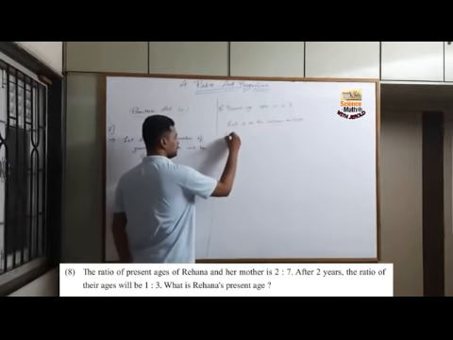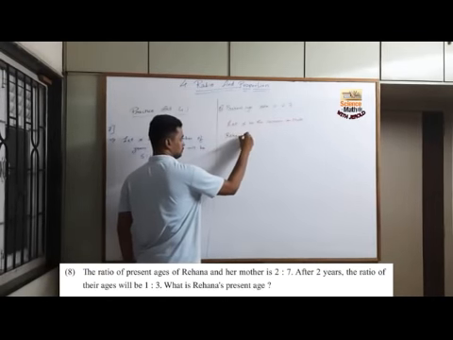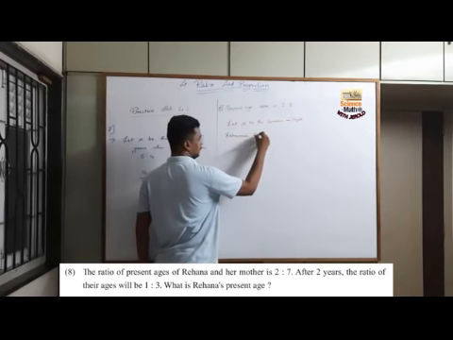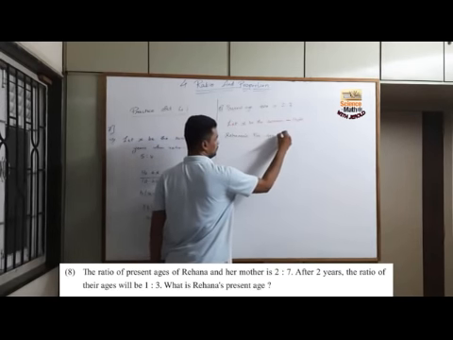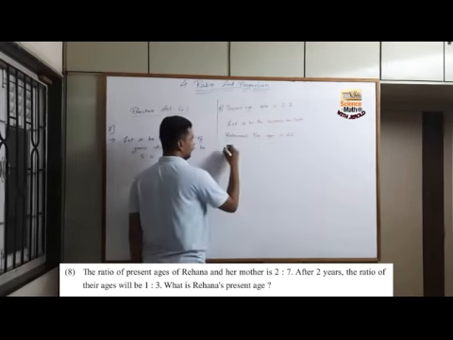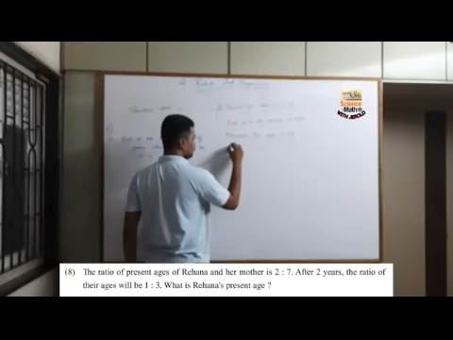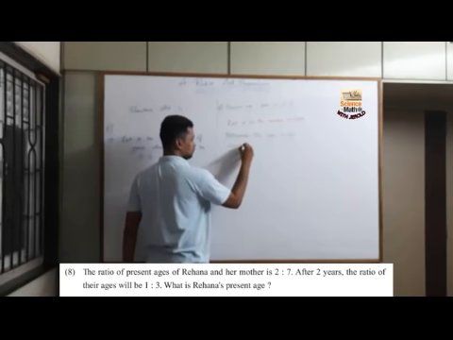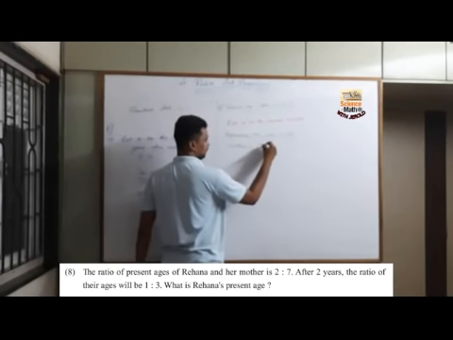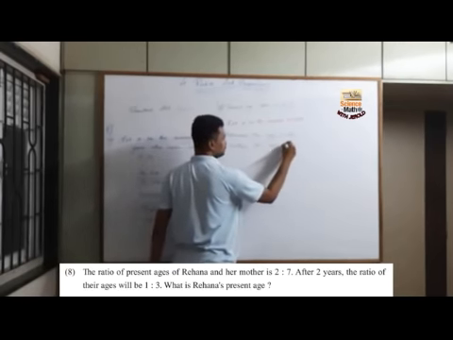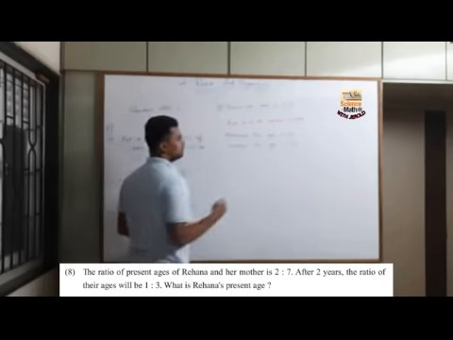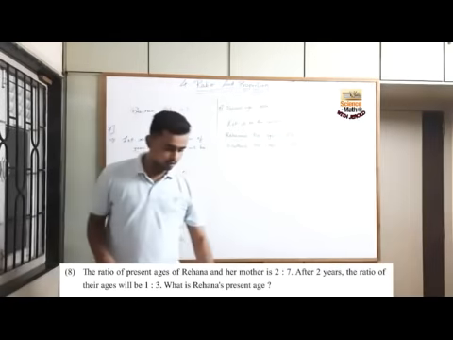Now we will consider x as the common multiple. So Rihanna's present age is 2x and her mother's present age is 7x. This is what we have from the given ratio.